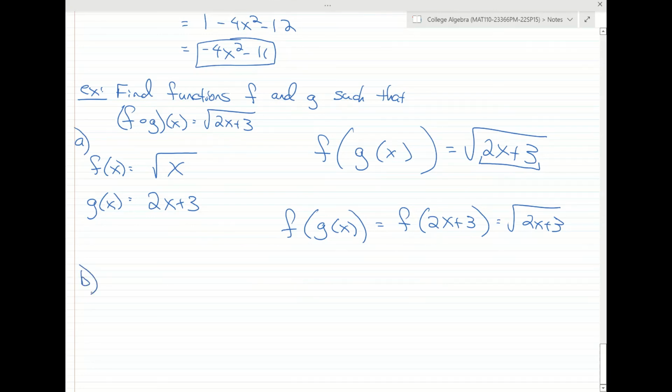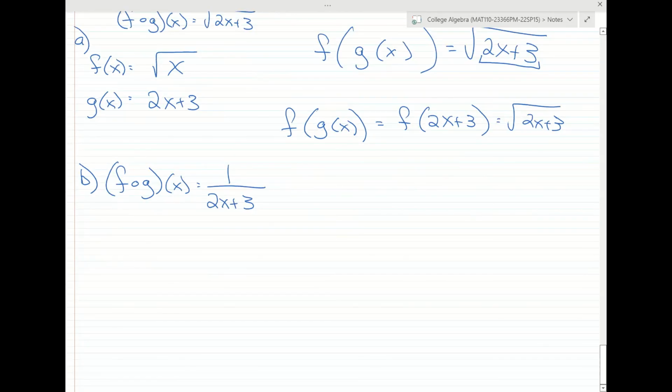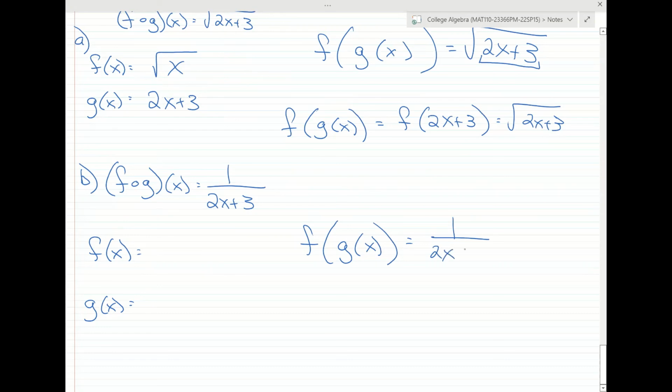One more. What if I told you that f of g of x is equal to 1 over 2x plus 3? And I wanted you to find f of x, and I wanted you to find g of x, so that f of g of x is equal to 1 over 2x plus 3.